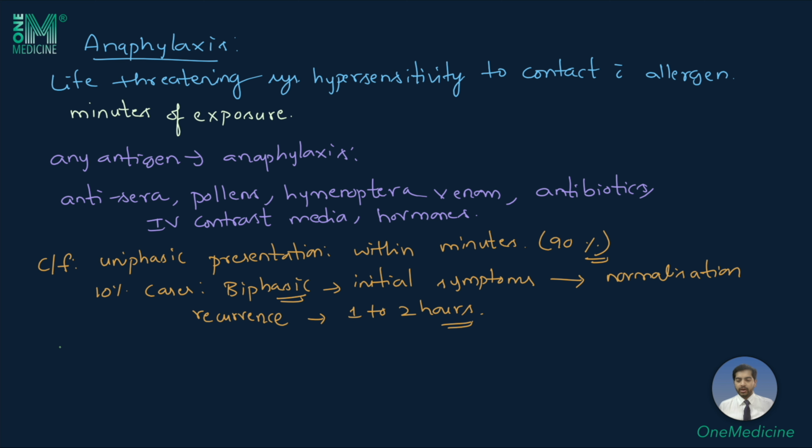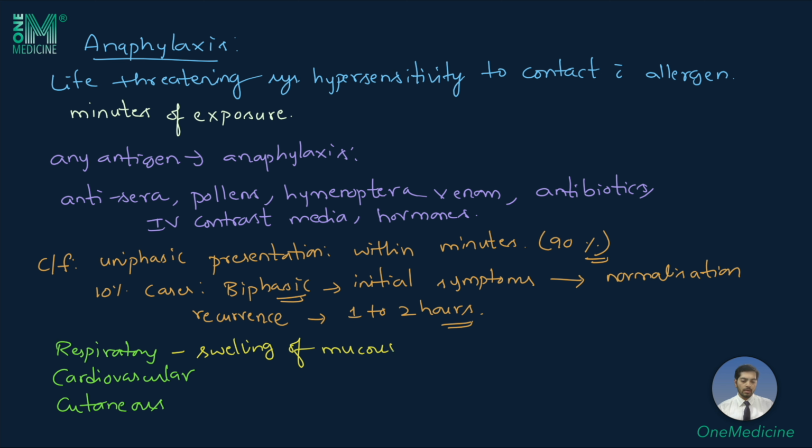The symptoms can be divided into respiratory, cardiovascular, and cutaneous. Respiratory symptoms include swelling of mucous membranes, stridor, hoarseness, there can be wheezing, and there can be difficulty or dyspnea on exertion.